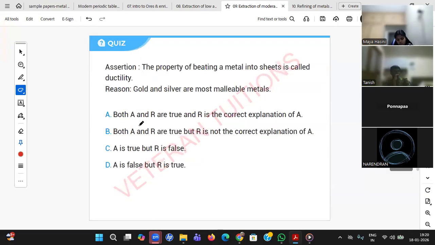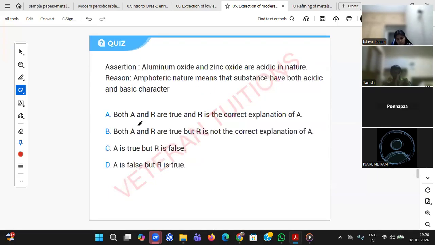Do you want to do one question? Yeah, do this question, student. Assertion and reasoning. Let me see who are still able to understand the things.